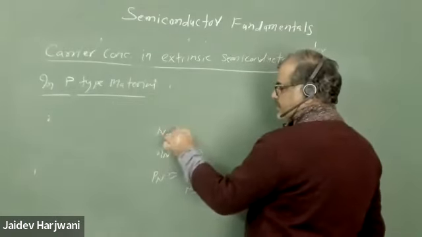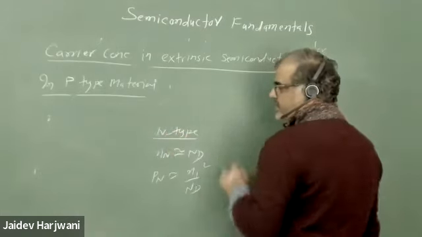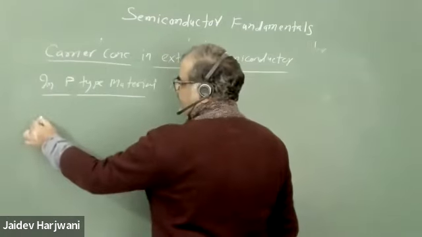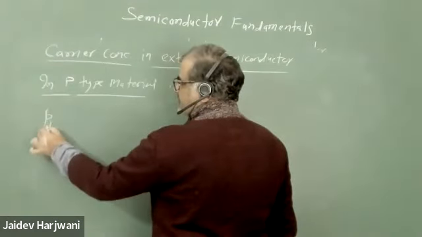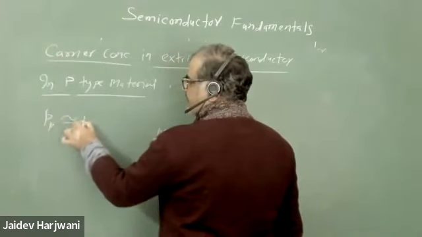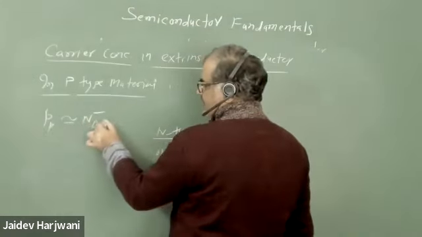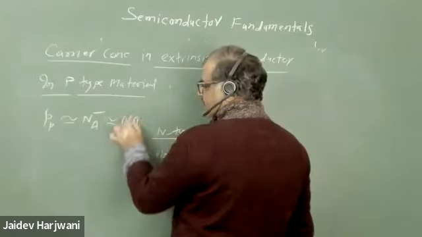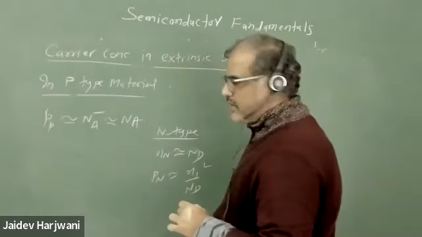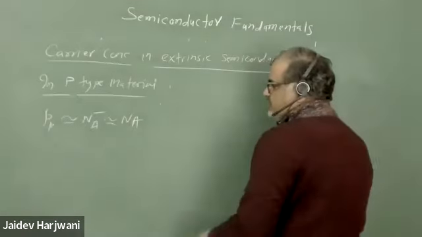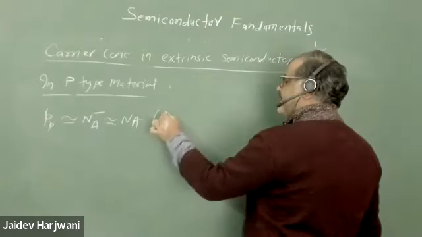Now similarly, for p-type material, I can write the number of holes equals the ionized acceptor atoms, and that I can take as the number of acceptor atoms, assuming complete ionization.